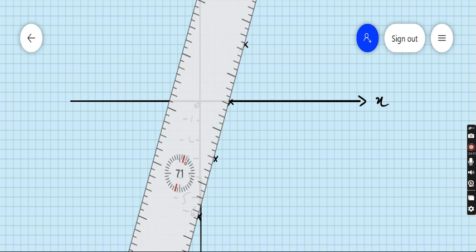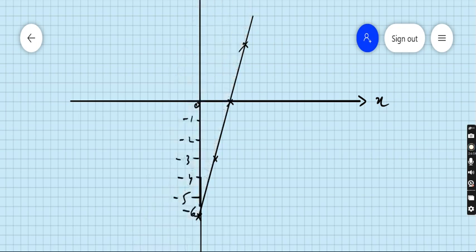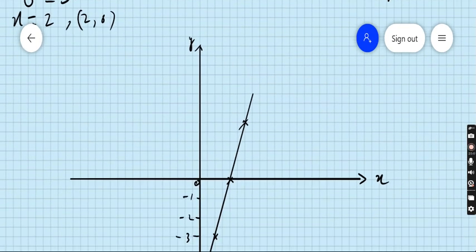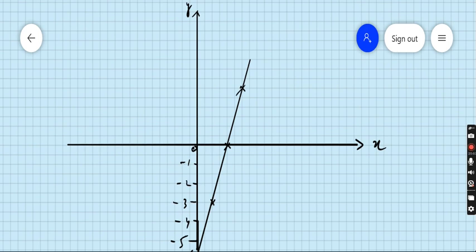Join all these 4 points. This is our straight line. And what is our vertex? 2, 0. This is our vertex, 2, 0. Draw the mirror line. What does it mean? Kindly wait.